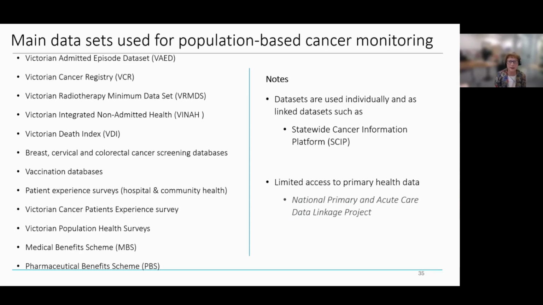The Victorian Cancer Monitoring and Evaluation Framework uses many databases, which I'm sure many of you are very familiar with.